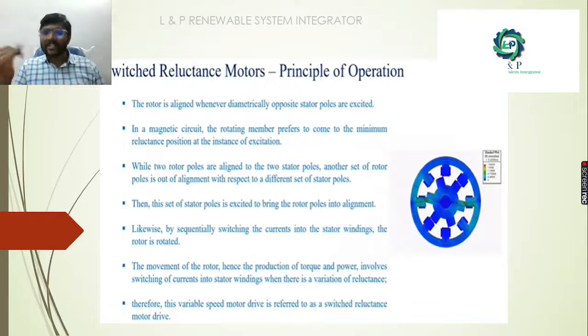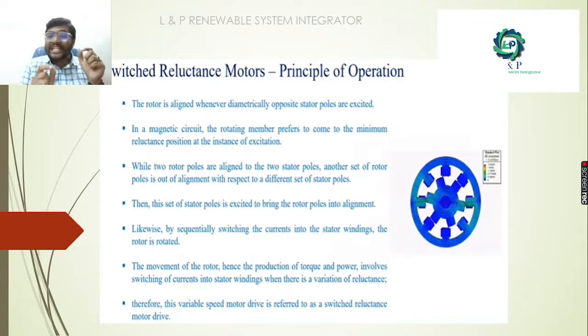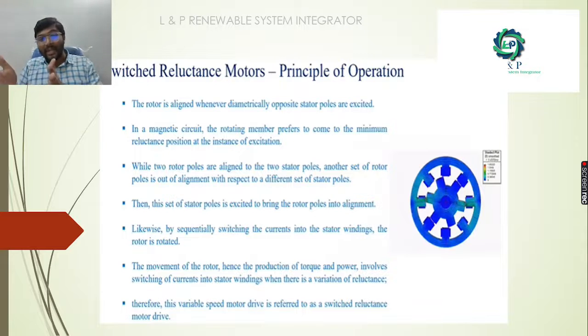And what is the principle of operation? See here, the rotor gets aligned when diametrically opposite stator poles are excited. In the magnetic circuit, the rotor prefers to come to the minimum reluctance position at the instant of excitation. When two rotor poles are aligned to two stator poles, another set of rotor poles is out of alignment with respect to a different set of stator poles.